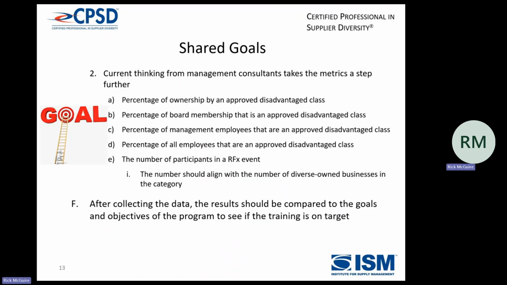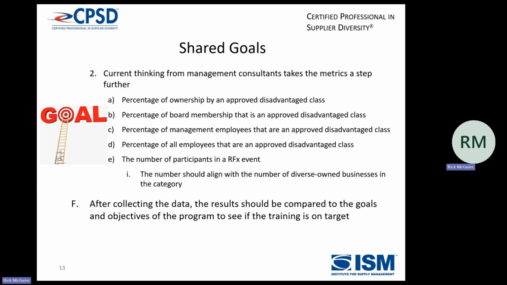Current thinking from management consultants takes the metrics a step further. Percentage of ownership by an approved disadvantaged class. Percentage of board membership that is an approved disadvantaged class. Percentage of management employees that are approved.